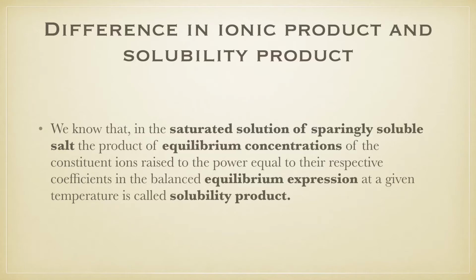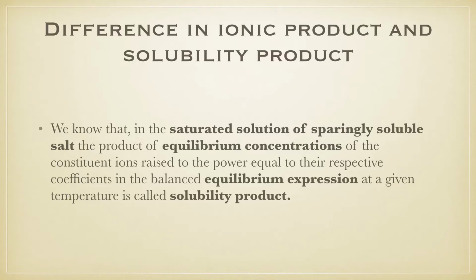Now, to understand the condition of precipitation, first we have to know what we mean by ionic product. We already know what is solubility product. So first we'll understand solubility product, and with slight changes in that we'll learn what we mean by ionic product. Okay, so what is solubility product?